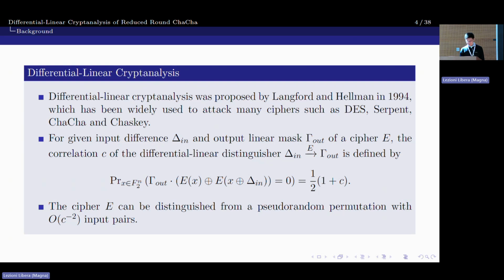The cipher E can be distinguished from a random permutation with about O(C^-2) samples.